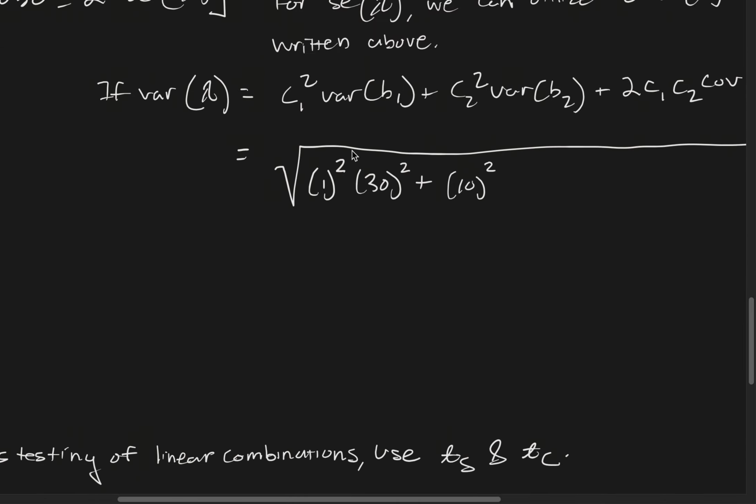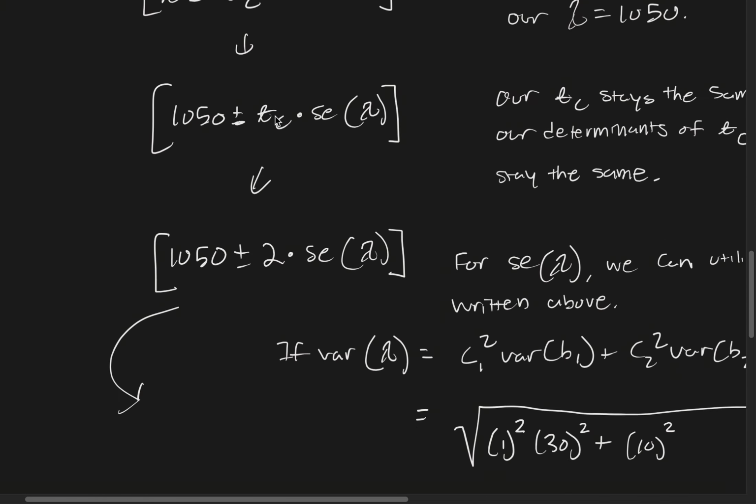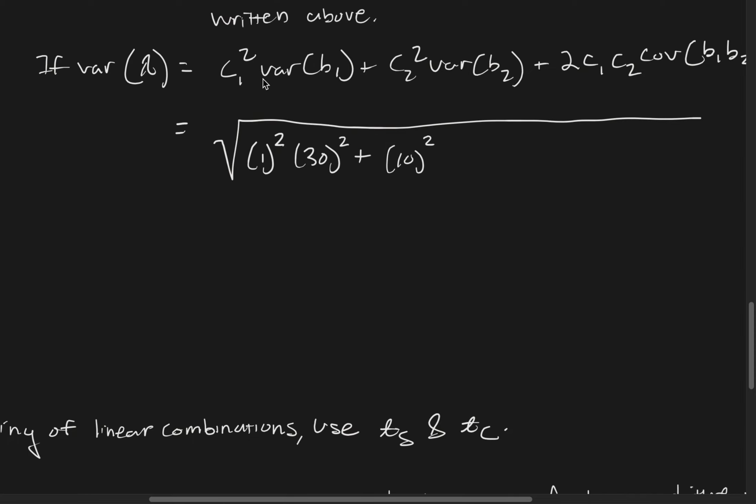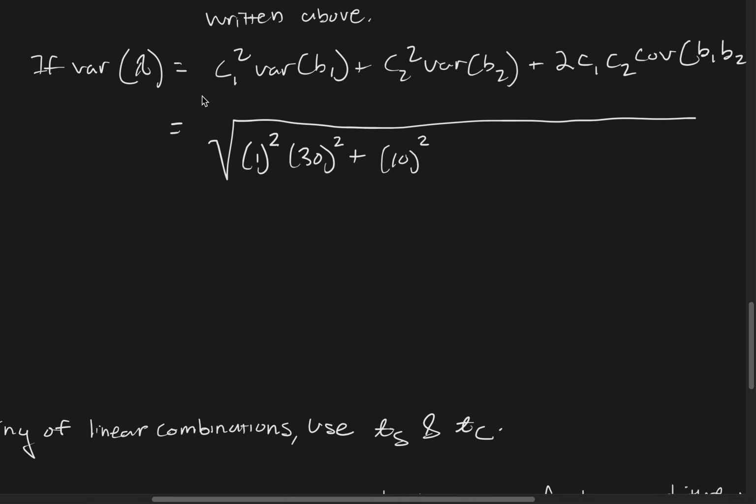So we have to convert these standard errors into the variance terms, and then convert it back into the standard error because this whole equation right here is based on the variance of lambda.